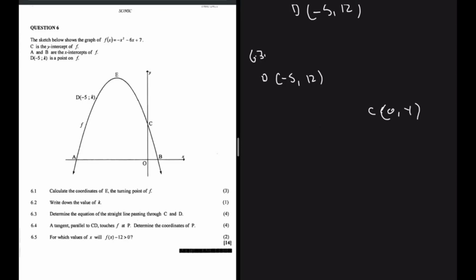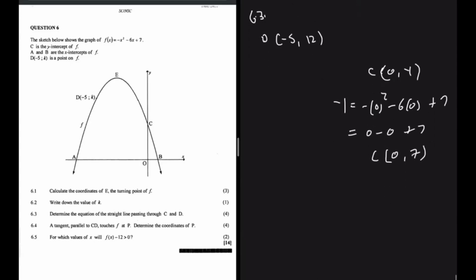So we're gonna say y-intercept, x equals 0, right? So we're gonna have y equals minus 0 squared minus 6 multiplied by 0 plus 7. So we have y equals 0 plus 7. So C is just basically 0 and 7, right? So we can calculate the gradient from there.